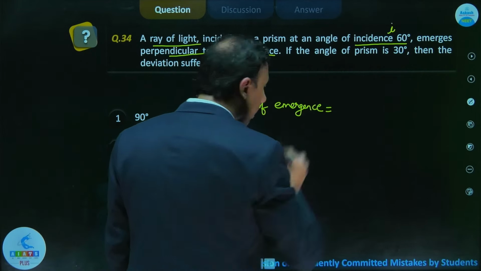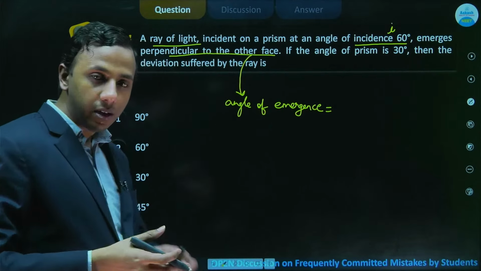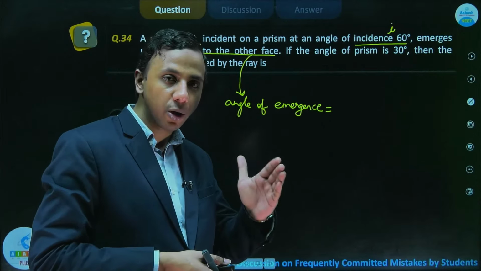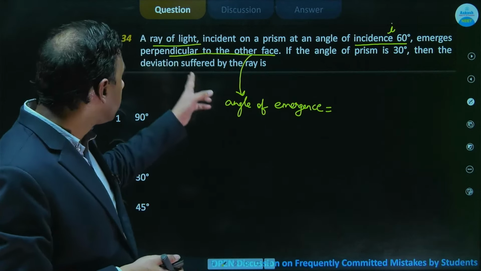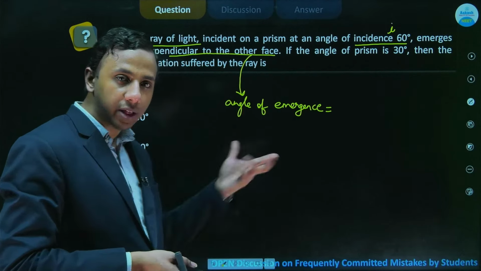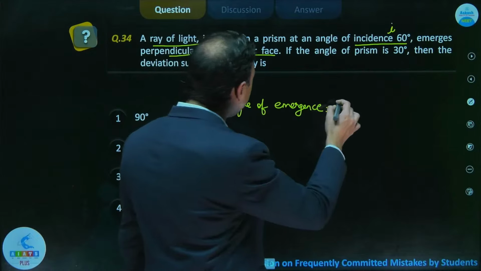Whether it is the angle of incidence or emergence, we measure that angle between the ray and the normal we draw to that face. The normal is perpendicular and the ray is also perpendicular. Therefore, the angle of emergence E will be equal to 0.